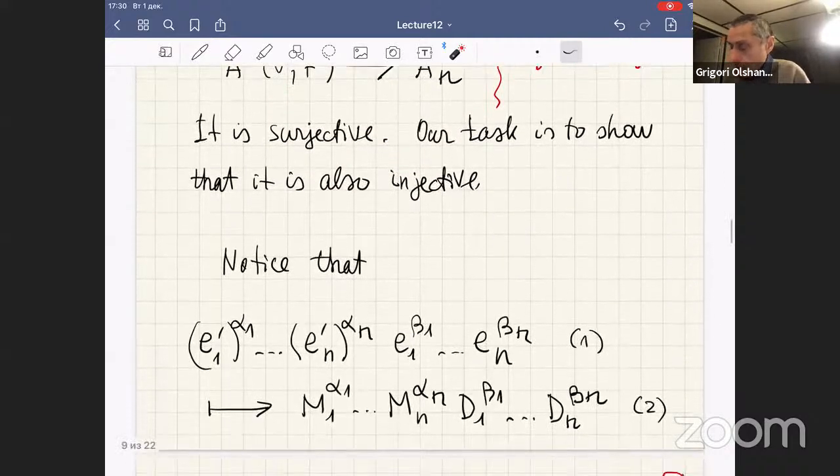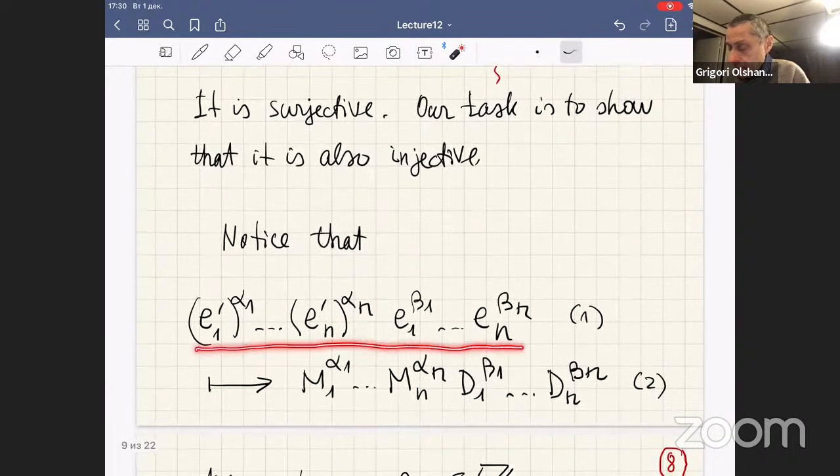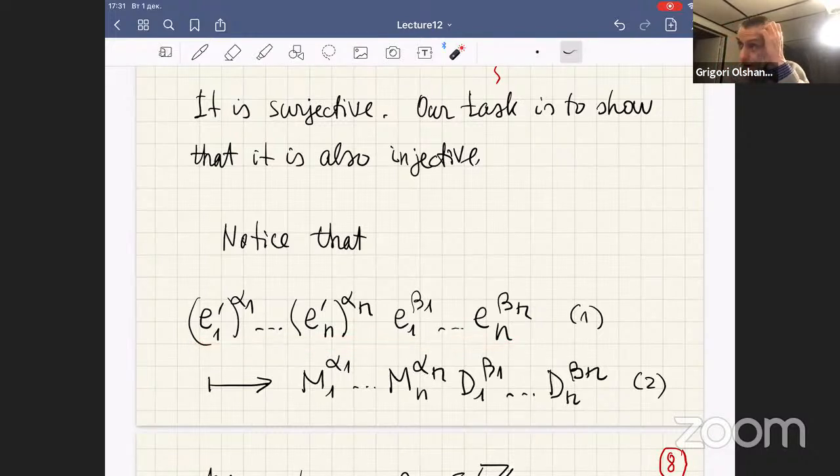How to do this? So take arbitrary monomials which form a basis in our universal object. First of all, why is it a basis? We don't even need to prove that it is a basis. It suffices to show that these monomials span the whole algebra. And this is a weak form of Poincaré-Birkhoff-Witt.